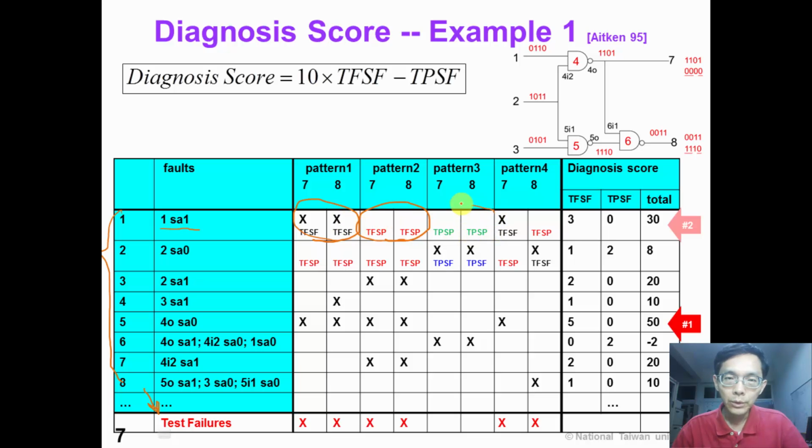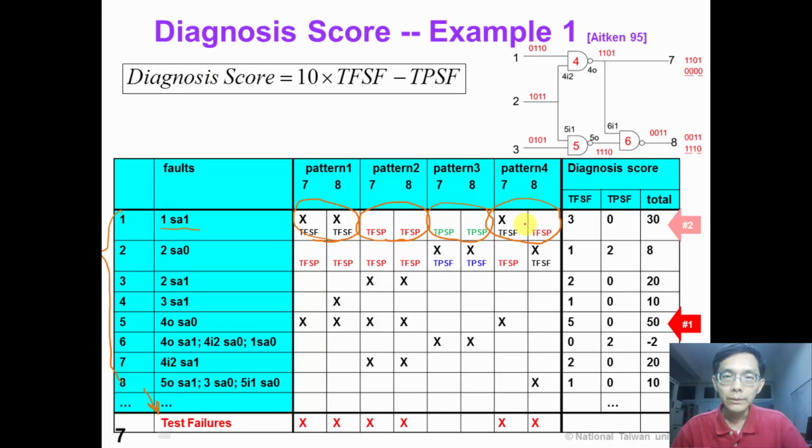For pattern number 3, they are TPSP. For pattern number 4, output 7 is TFSF, but output 8 is TFSP.